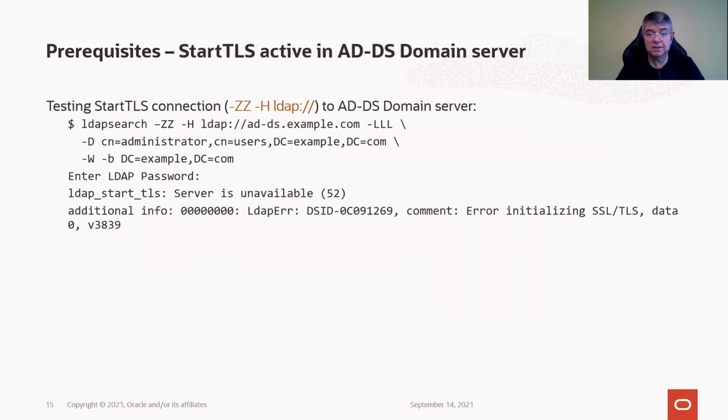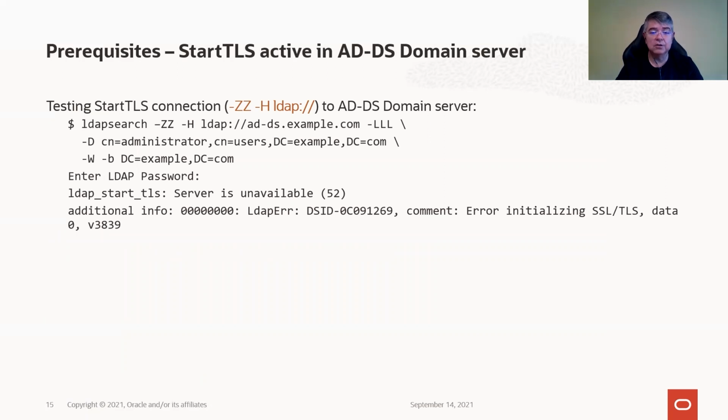For StartTLS, as I said, there are two differences. First, in the ldapsearch command, I need to add the -ZZ option, and I need to point to the LDAP URL of the server. I do not use the LDAPS connection. LDAPS is an encrypted connection itself, and -ZZ is for traditional connections where we start encryption with StartTLS.